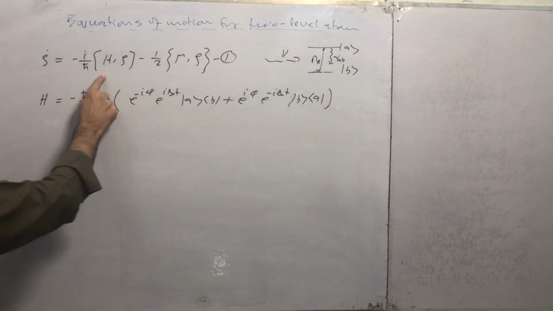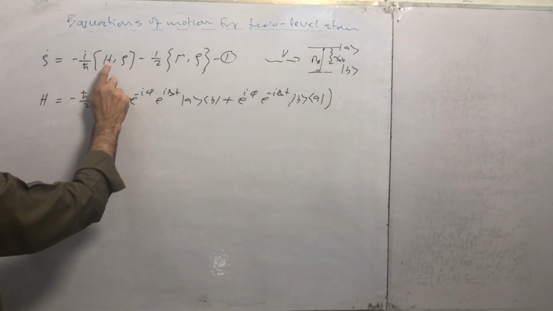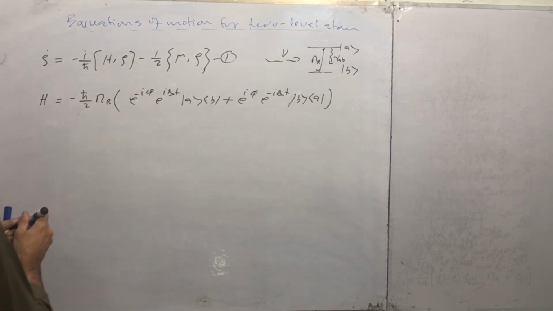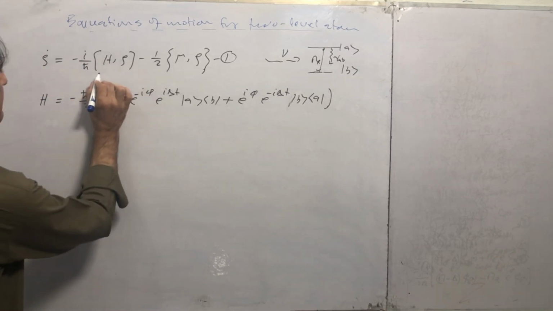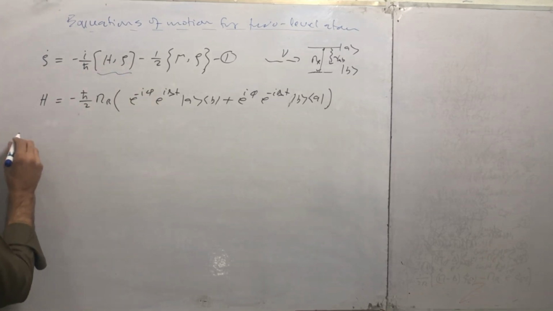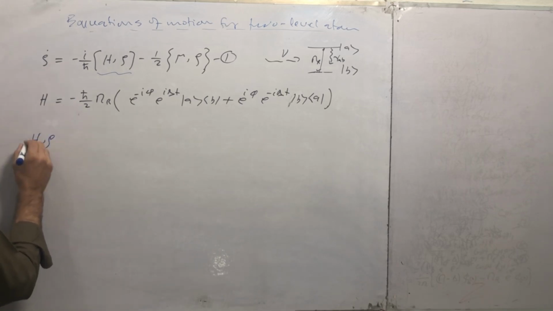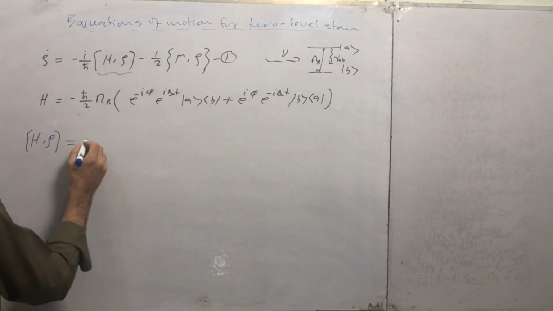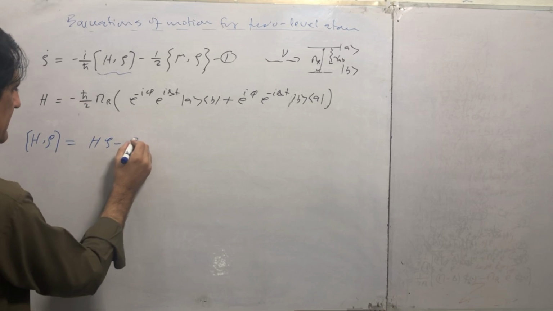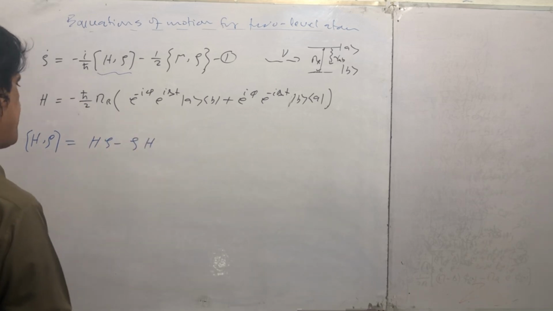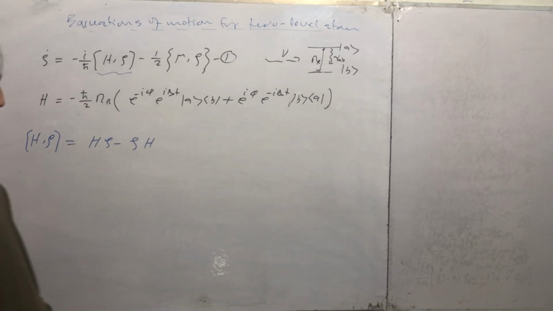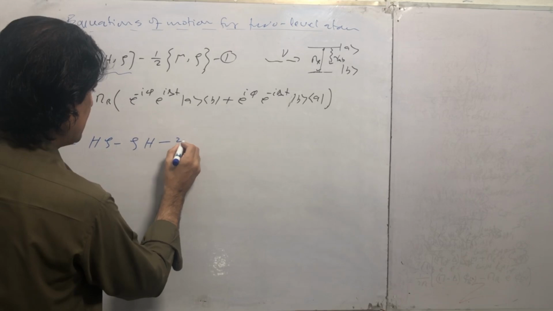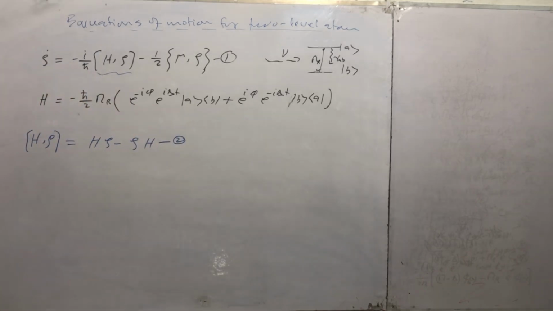We must consider the first part of equation number 1. Let's consider this one, [H, ρ], and this is equal to Hρ minus ρH. Let's say this is equation number 2.